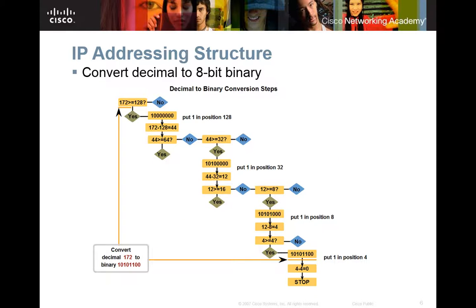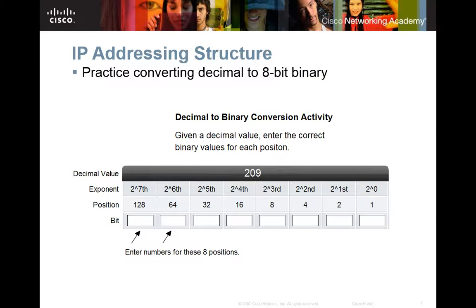All right? And I'm not going to go over that. For 209, what do you think it would be? Simple. What of these numbers together will equal 209? Let's do it together. 128, right?